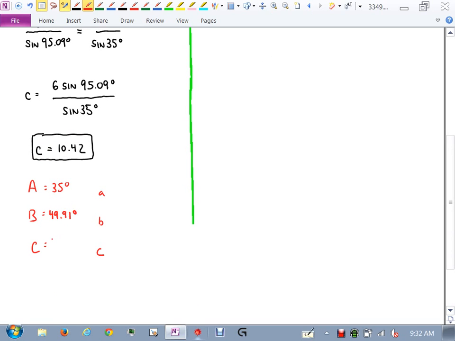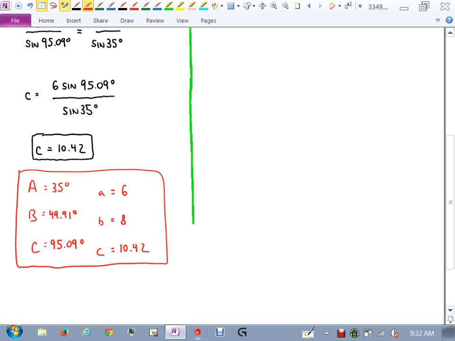Capital C was 95.09 degrees. Little a was 6, little b was 8, which was given to us, and little c we found to be 10.42. Does that seem to be within specs? Biggest side with biggest angle? We happy with that?